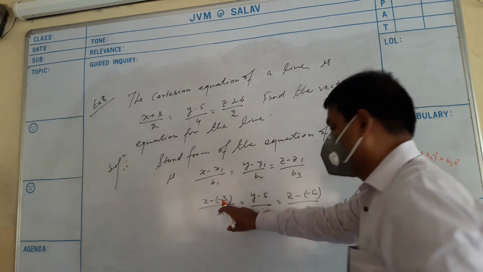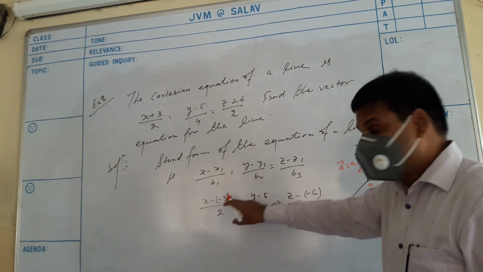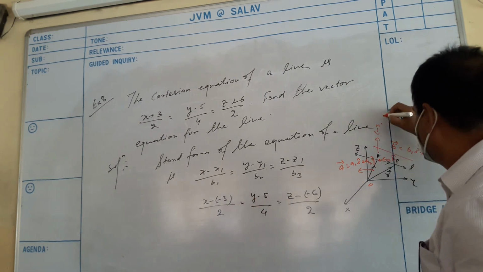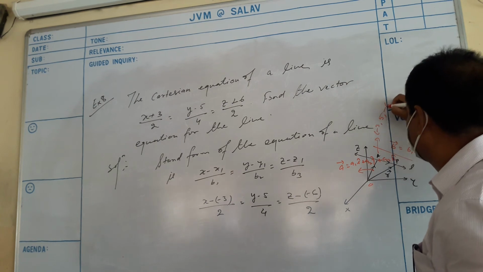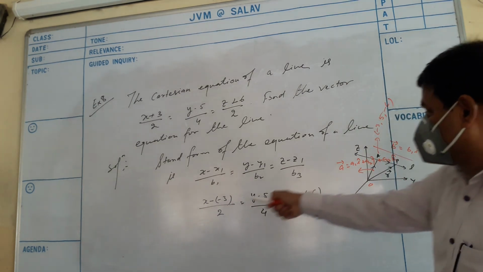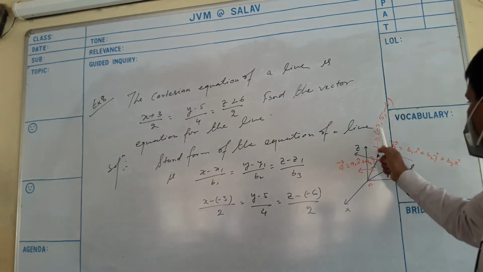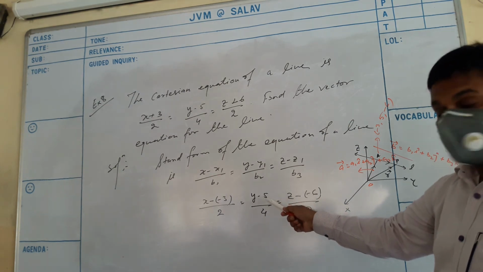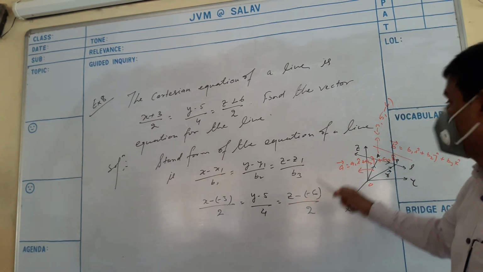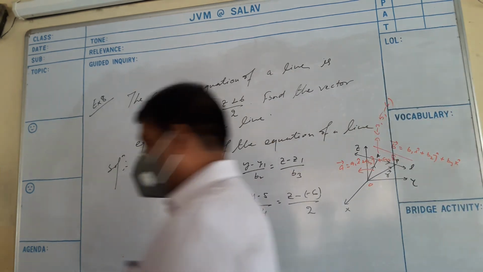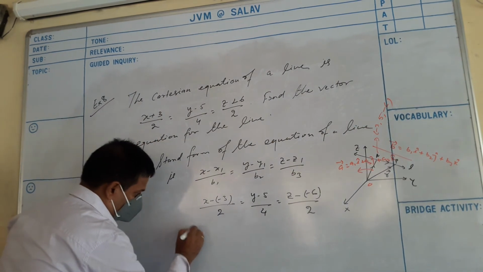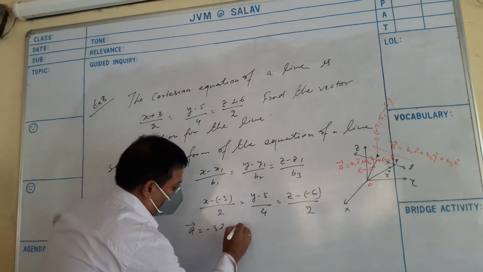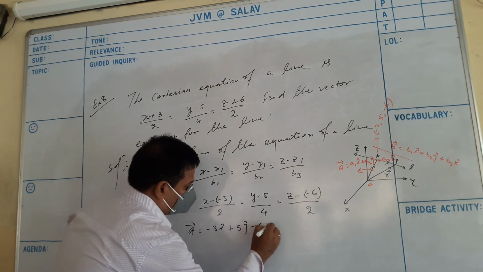And the point is here. What is the point? This is x minus x1, so x1 is minus 3, y1 is 5, z1 is minus 6. This is the point, no? So vector A is equal to minus 3i plus 5j minus 6k.